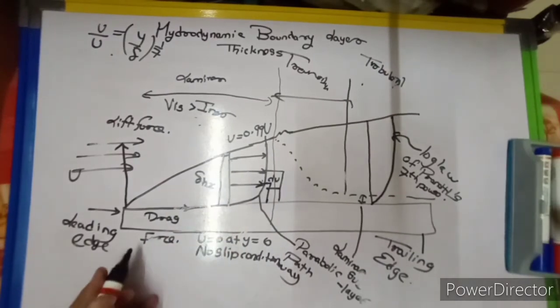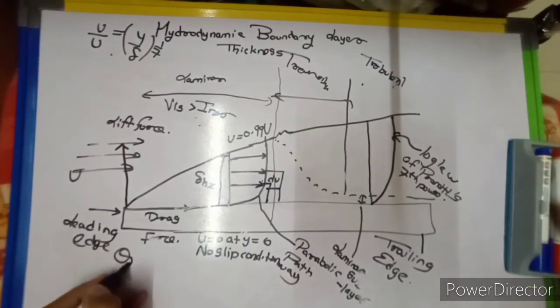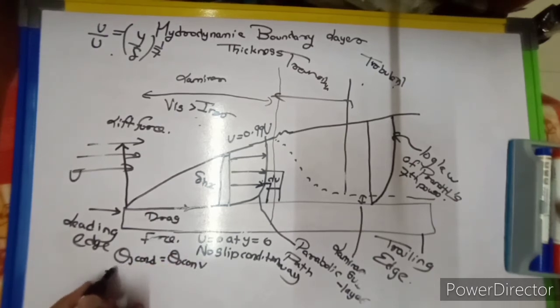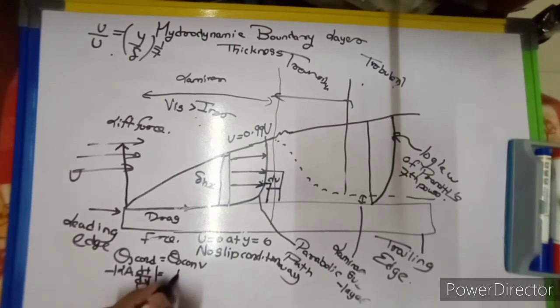No slip condition says that the conductive heat transfer is equal to the convective heat transfer. The conductive heat transfer is given by minus K A dT by dy, taken at y equal to 0, is equal to h A (T minus T infinity). It is a very important condition.